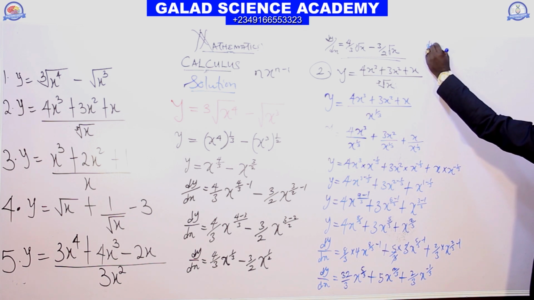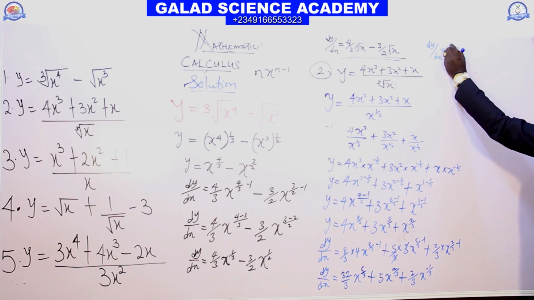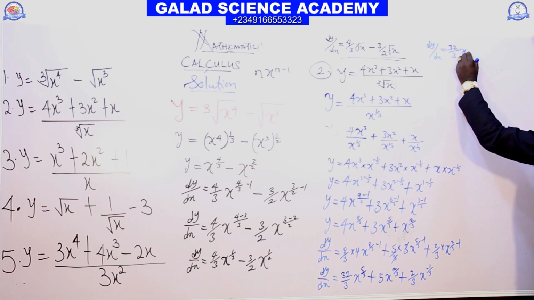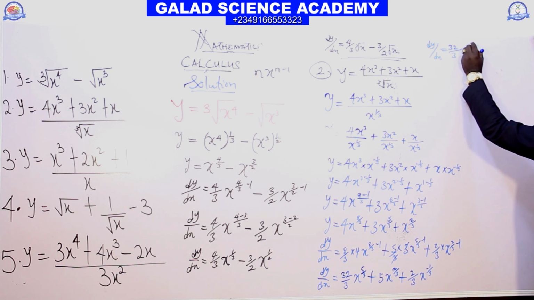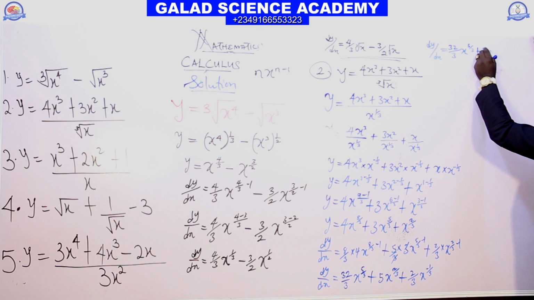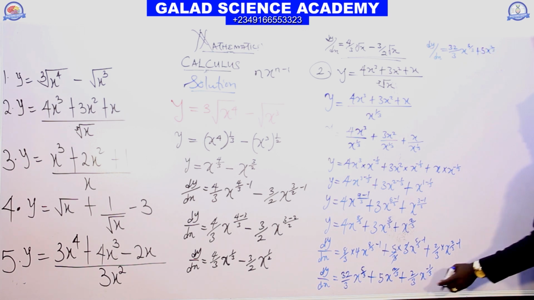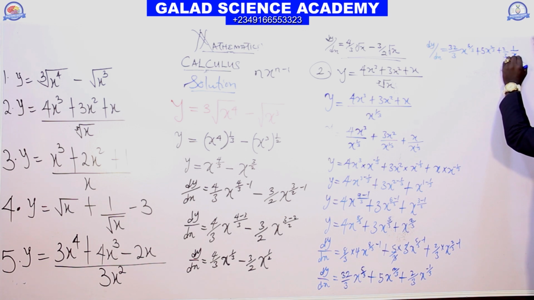So the final answer, dy dx, should be 32 over 3 x to the 5 over 3, plus 5 x to the 2 over 3, plus 2 over 3 times 1 over x raised to power 1 over 3.